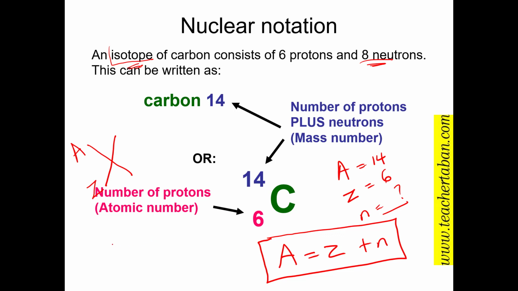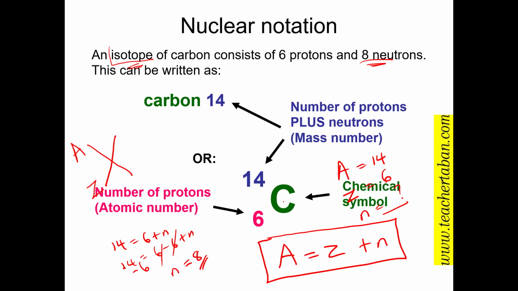For example, 14 is equal to 6 plus N. If I subtract 6 on both sides, this cancels out and we get N equal to 8. So the number of neutrons for carbon-14 is equal to 8. I'm going to give you a short exercise on this.